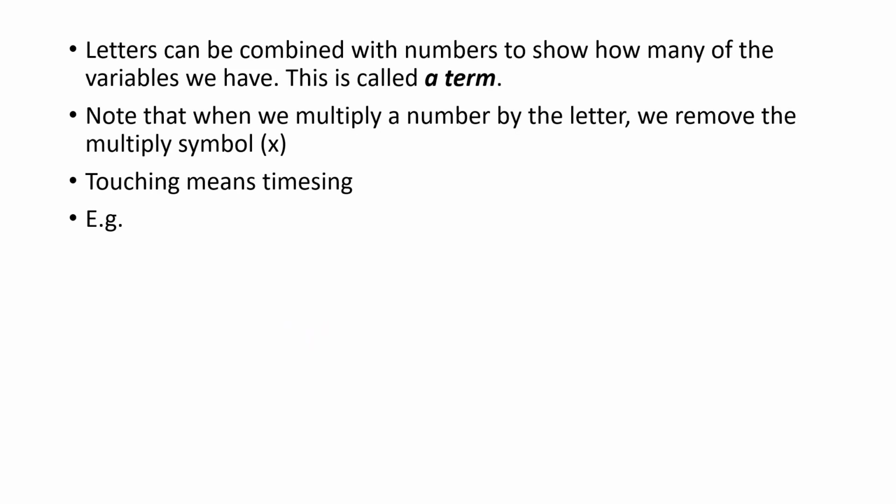We can combine our letters with numbers to show how many of the variables of the same type we have, and this is called a term. For example, if we have a plus a, we've got two lots of a, which is the same as saying 2 times a.